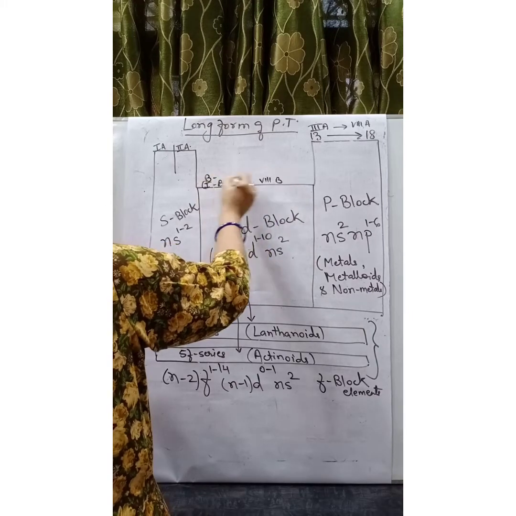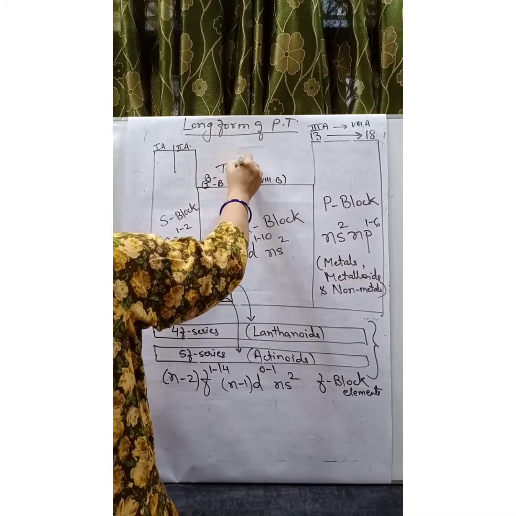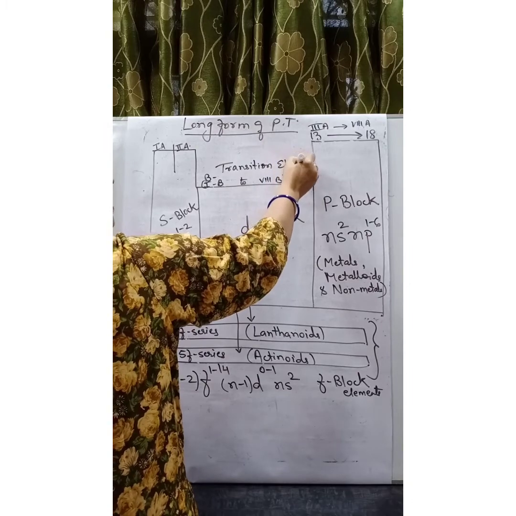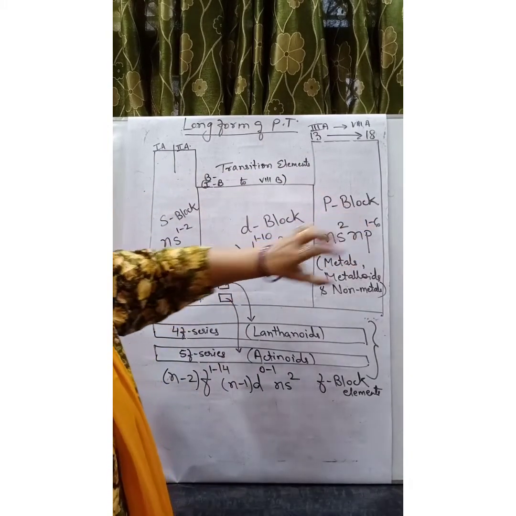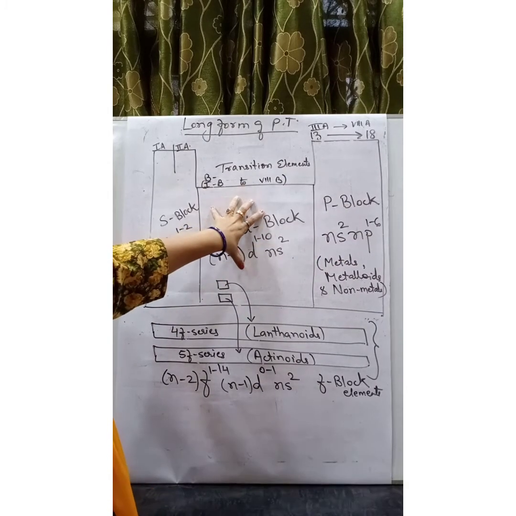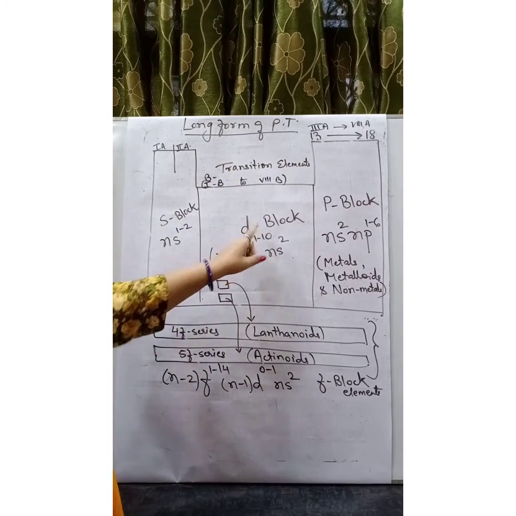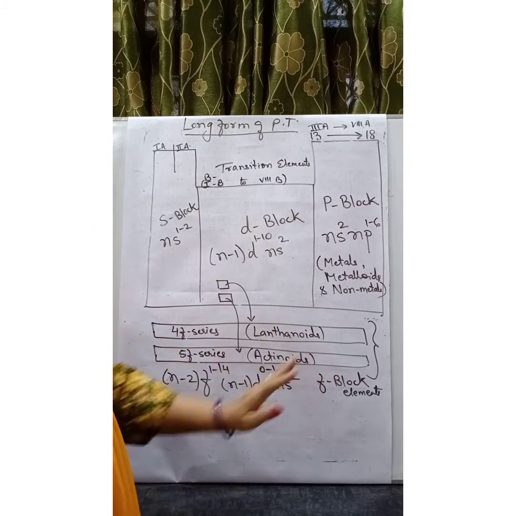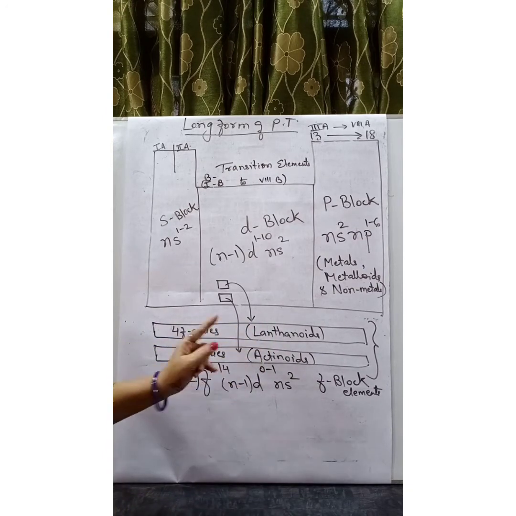All these elements are present in the center and are popularly known as transition elements. s block and p block elements are collectively known as representative elements. In the center we have transition elements, which are d block elements. Placed at the bottom we have f block elements, popularly known as the lanthanoid series and actinoid series.